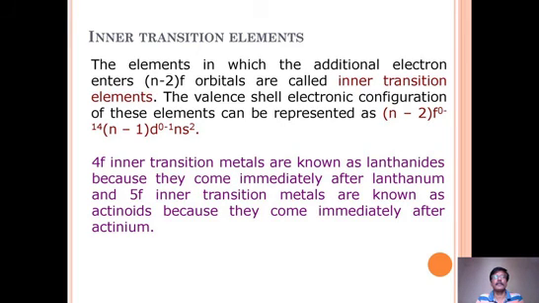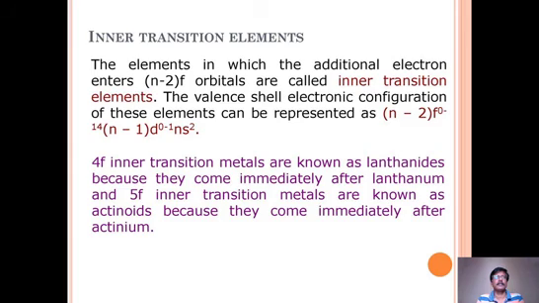So n minus 2 f, in f we have 14 maximum possible electrons, that is, it starts from 0 and can be extended up to 14 electrons. So the configuration is n minus 2 f 0 to 14, n minus 1 d 0 to 1, and ns2.